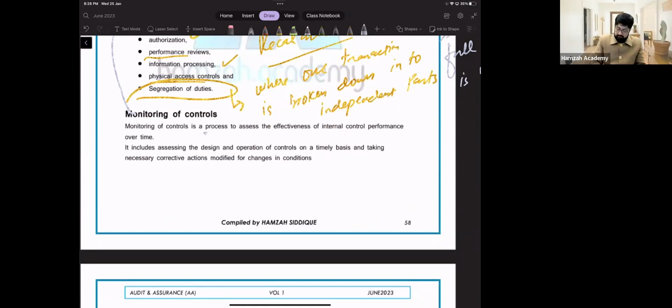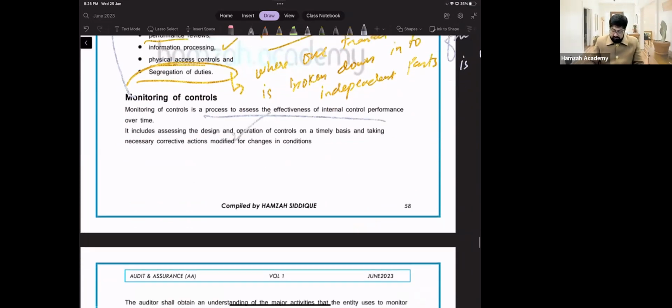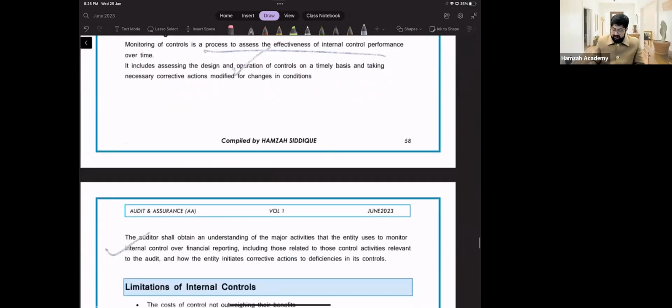The company has to do that. The auditor shall obtain an understanding of how the entity is monitoring the controls over financial statements and how corrective actions are taken for control deficiencies.